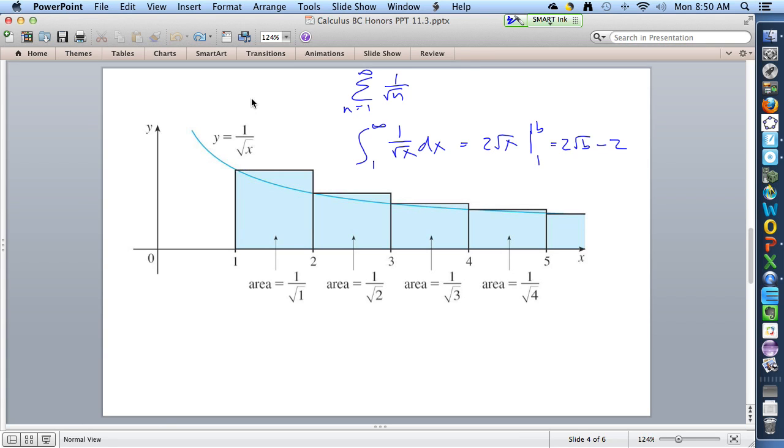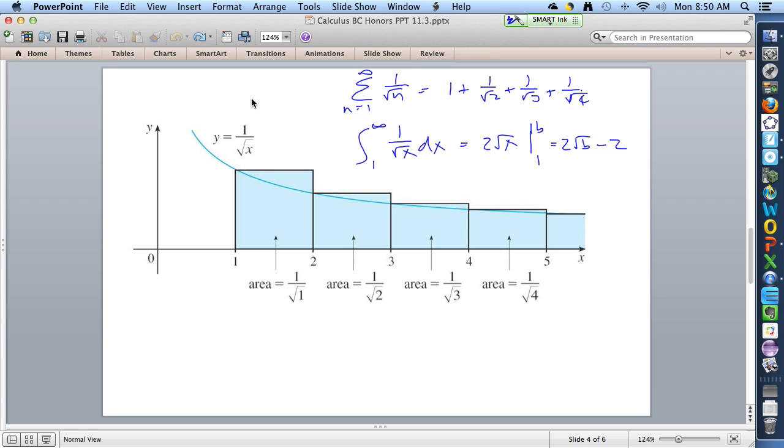So here's what I want to say. Would you say this was like 1 plus 1 over root 2 plus 1 over root 3 plus 1 over root 4, right? In this case, I'm going to switch my rectangles. I'm going to make them right-hand rectangles, and I'm going to tell you why. It's because I'm trying to convince you of something. Do you agree that the area of this first rectangle is really similar to that first term?